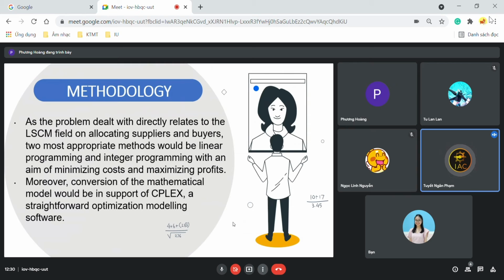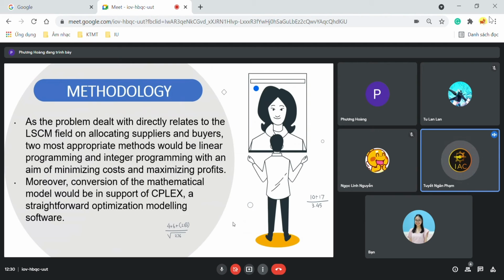And in order to cope with task allocation, several methods are available to use. However, as the purpose of this model directly relates to the logistics and supply chain management, where optimization is a priority, linear programming and integer programming are highly recommended. Not only are these two straightforward, but they will also provide desired results with high accuracy.